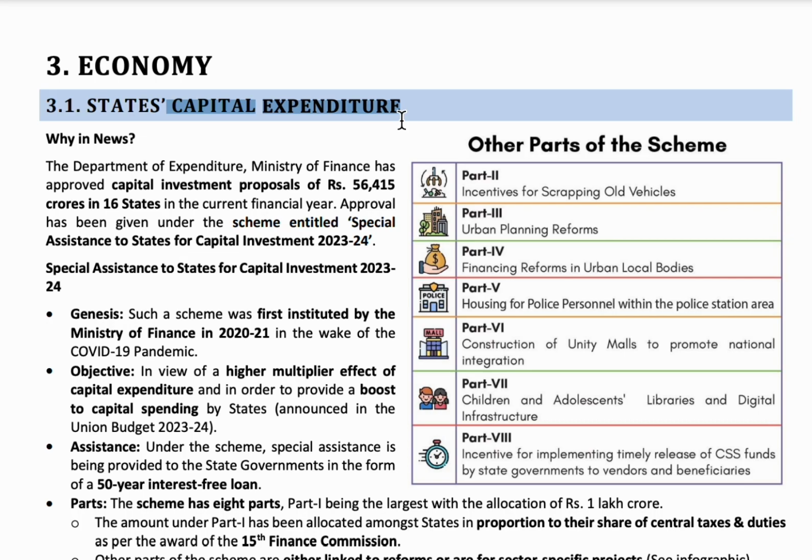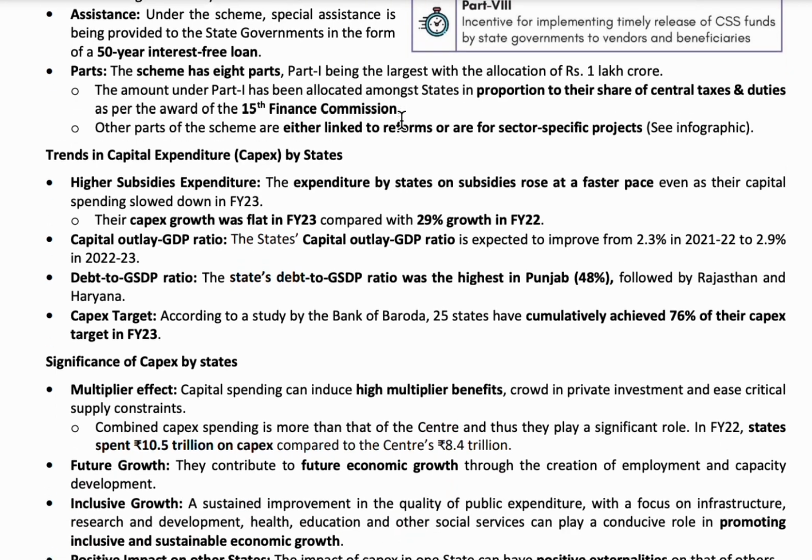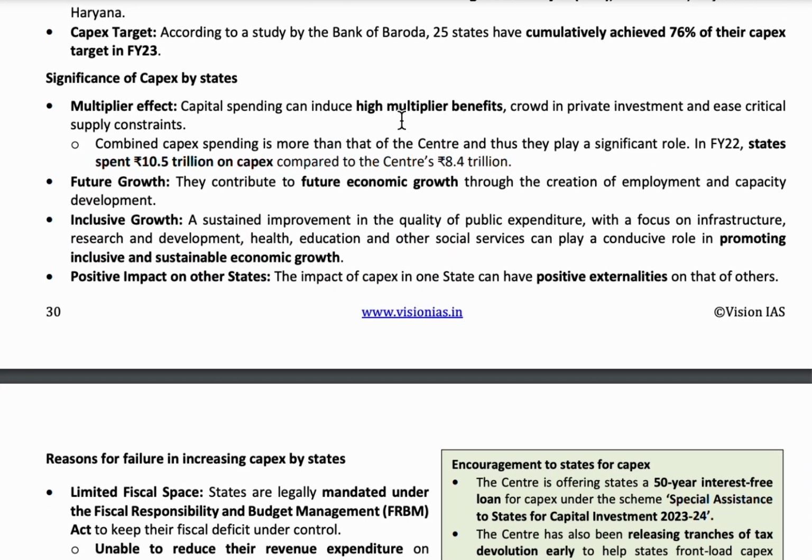Capital expenditure is also termed as capex. The significance of capital expenditure by the states: the first point is it acts as a multiplier effect. If the state government invests in better infrastructure, it multiplies and improves the state economically.